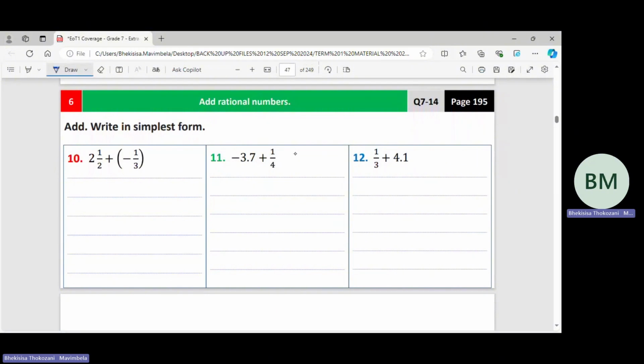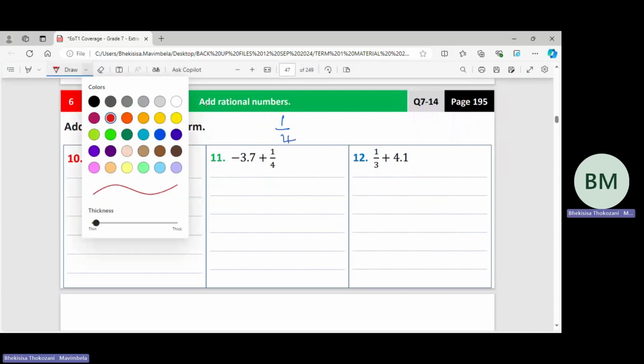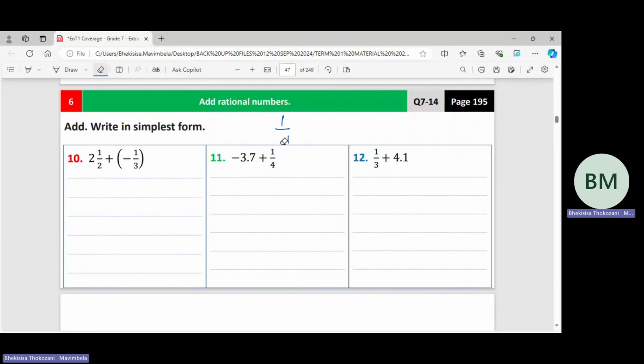Because 1/4, I don't know if you remember that 1/4, let me write here, 1/4. I hope you guys remember that. What is 1/4? 1/4 can also be written like this.